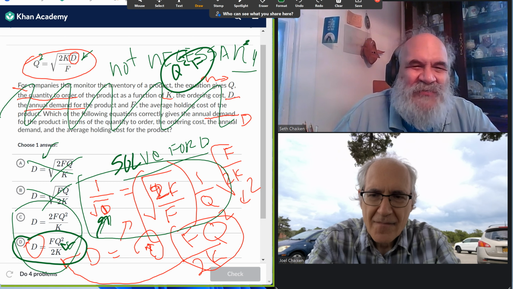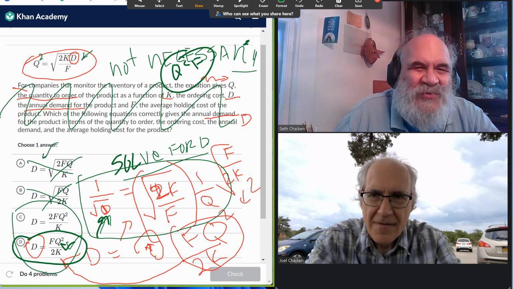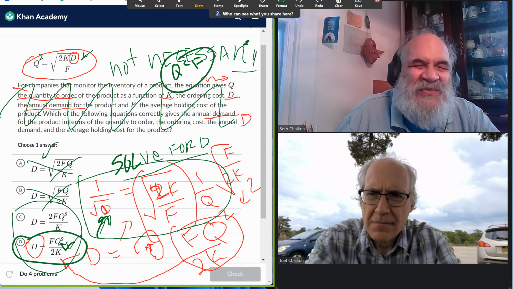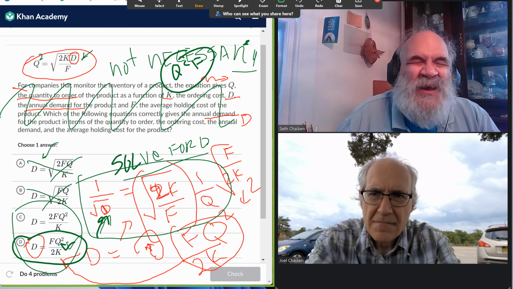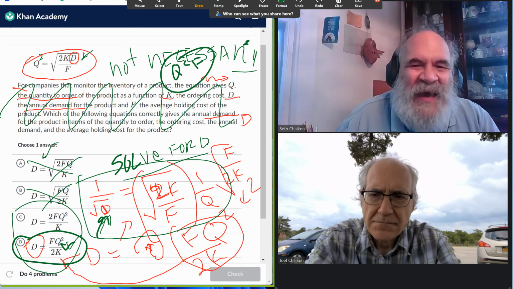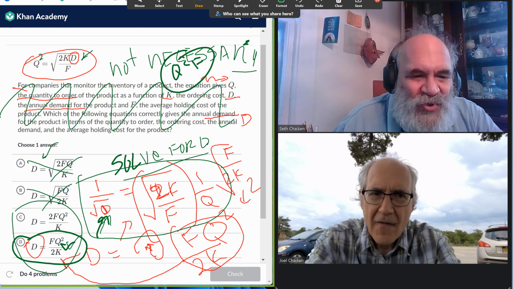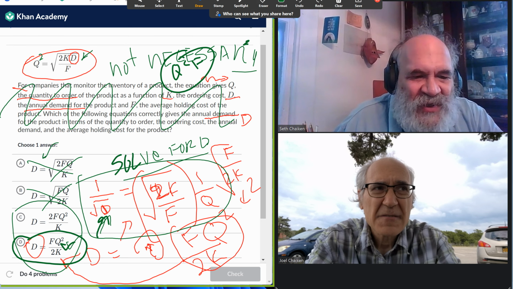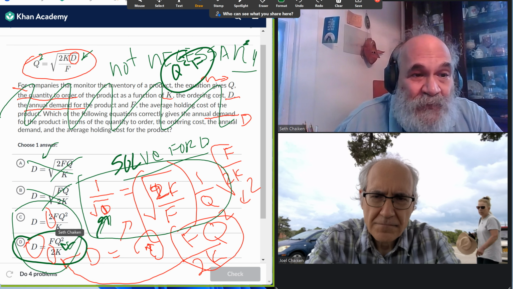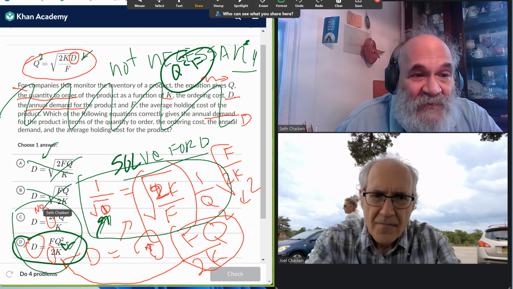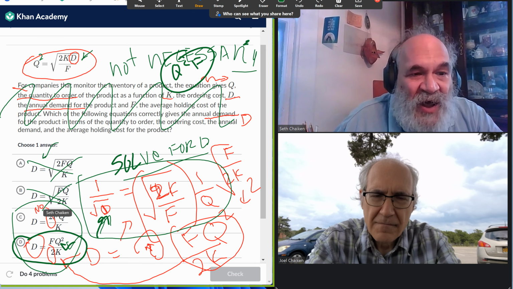Because to solve for D using this information, it more easily gives you a solution for 2D. And whatever answer you get for 2D, you need half of it. And so the 2 goes in the form of multiplying another expression by a half.